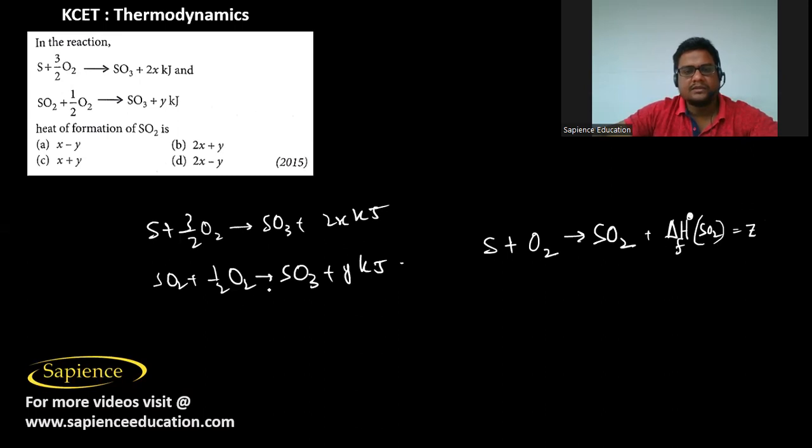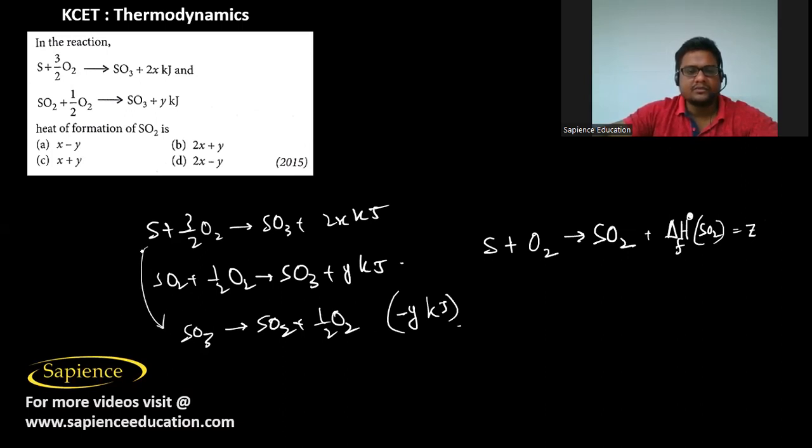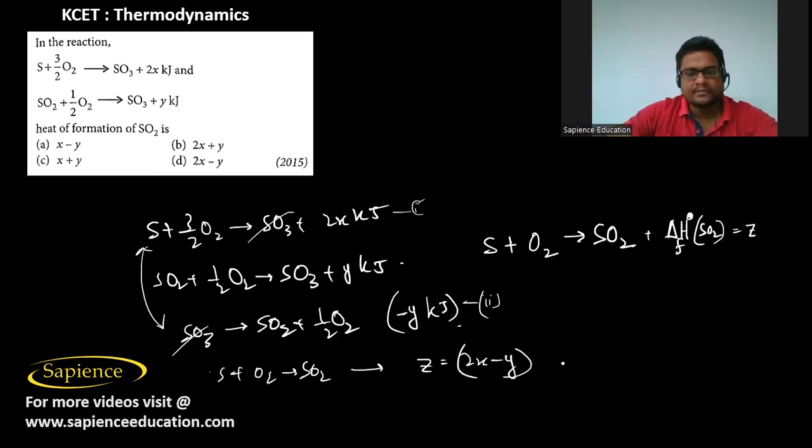Now, as you can see, if you reverse this reaction, then we will have SO3 gives SO2 plus half O2, and here the change in enthalpy will be minus Y kilojoule. So if we add equation 1 and equation 2, SO3 will get cancelled, and 3 by 2 O2 minus half O2 is O2 only, so it will be S plus O2 gives SO2. Therefore Z will be equal to 2x minus Y kilojoule.